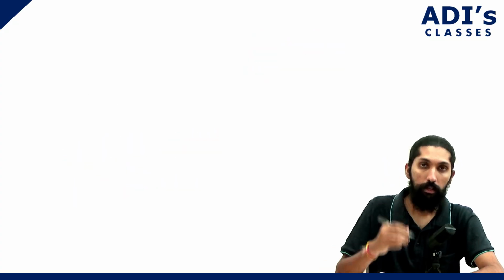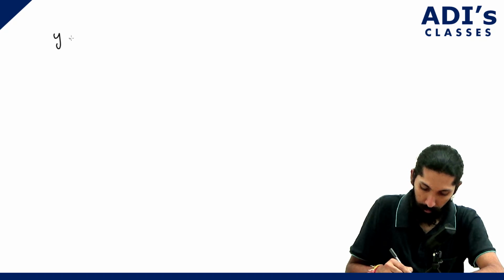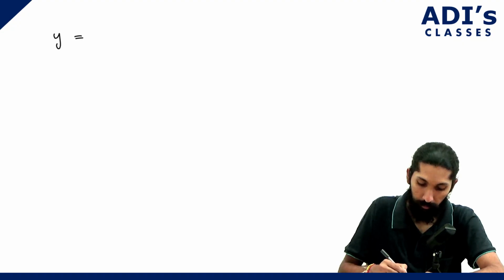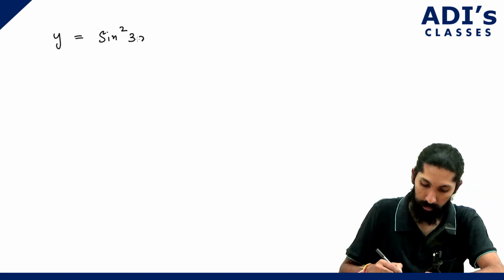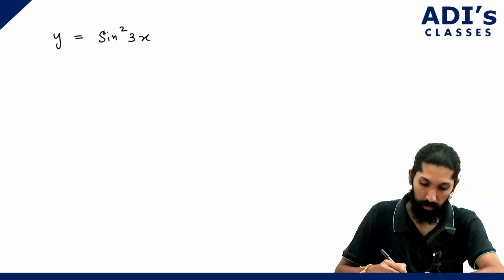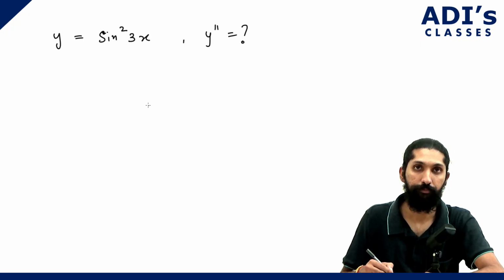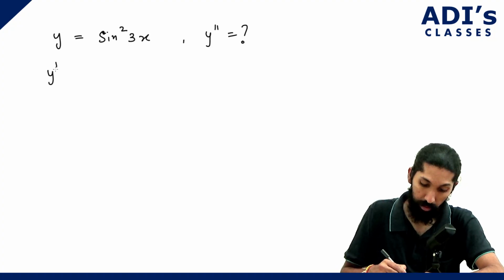See this particular example. Let's take a little complicated function. Say we have y is equal to sine square 3x. Assume this is my function and I ask you to find the value of y double dash. Fair enough? First, we calculate y dash.